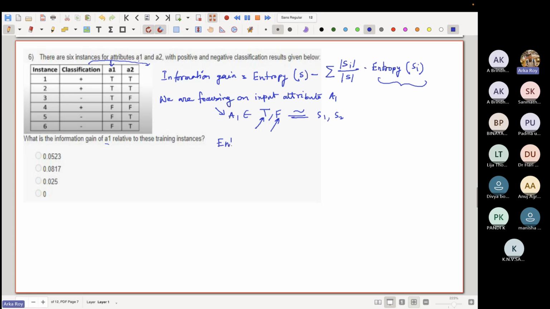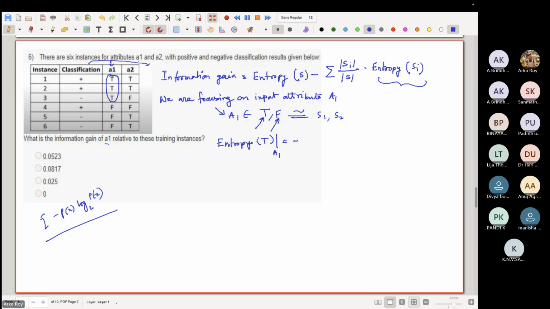Therefore, the entropy of true for A1 as an input attribute: entropy is minus the summation of P of X times log 2 P of X. In the true cases, the total number of samples is 1, 2, 3, so 3 cases.